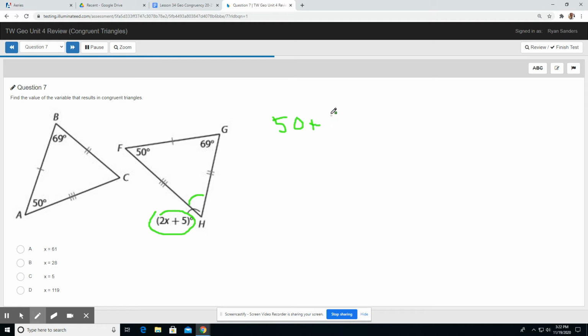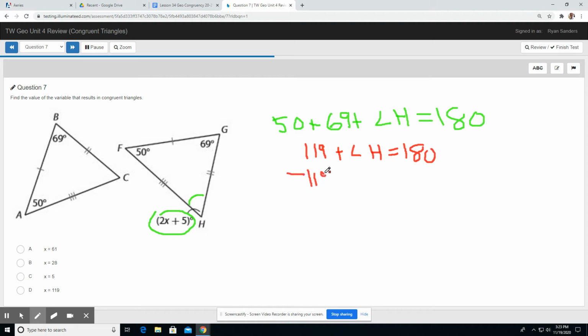50 plus 69 plus angle H is equal to 180. I'm just going to switch colors. I like looking at it more visually. So 50 and 69 is 119, plus angle H equals 180. All the angles of a triangle have to add up to 180.